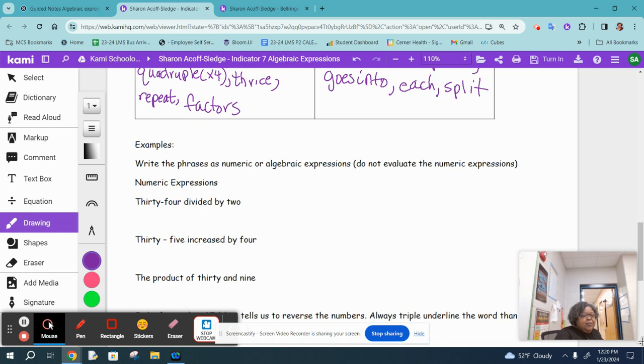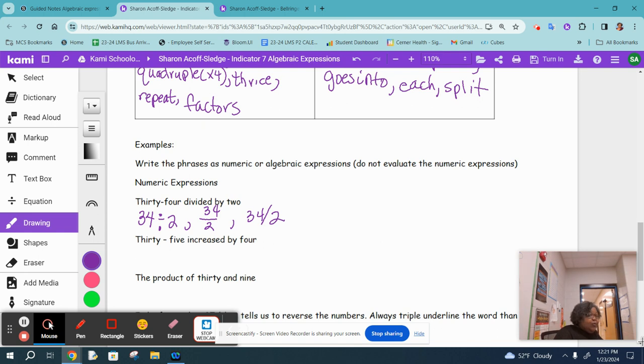So numeric expression, 34 divided by 2. So we can write it like this, or we can write it like this. I prefer this way. And then you can do this. Okay. 35 increased by 4.